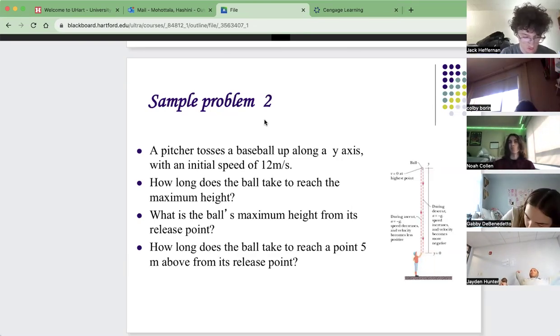Very good. At the maximum point, okay? I'm asking at the maximum point. What is the speed? What is the velocity?